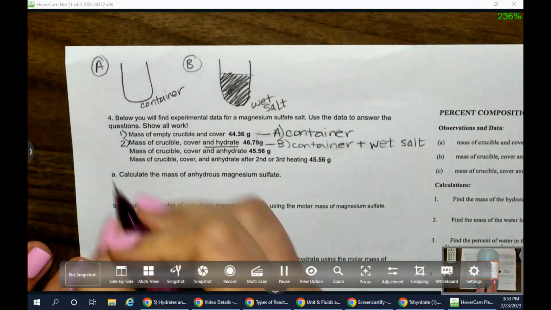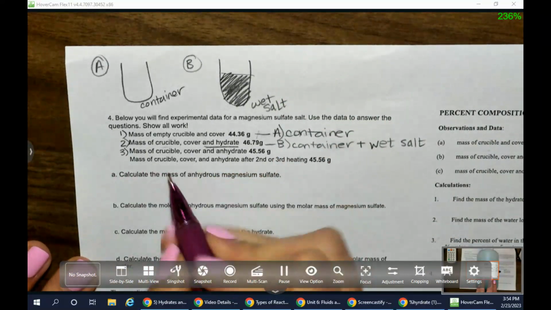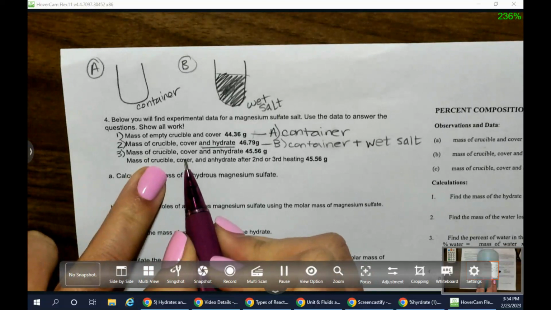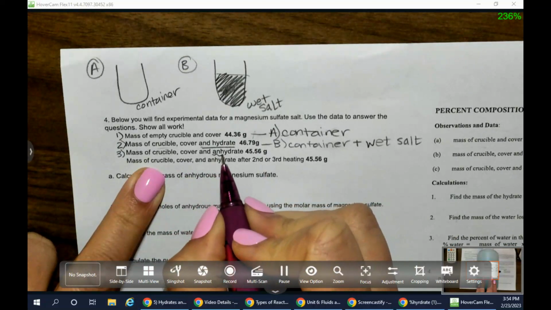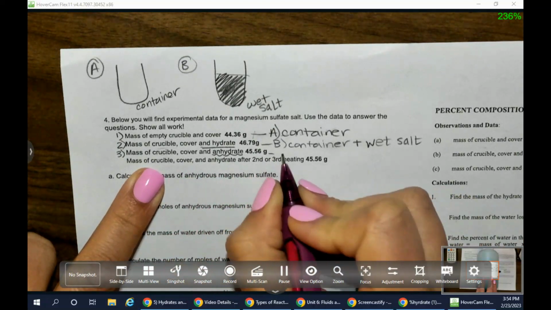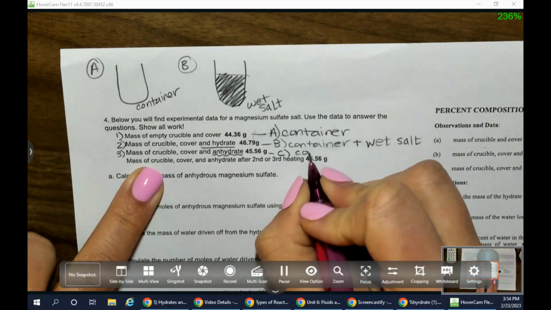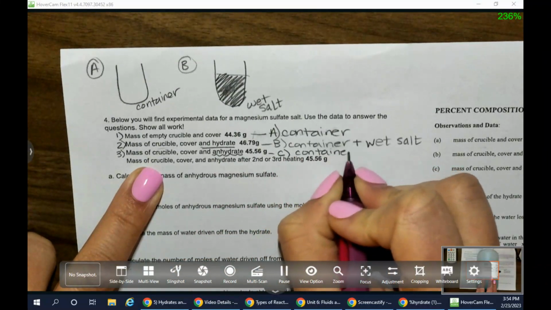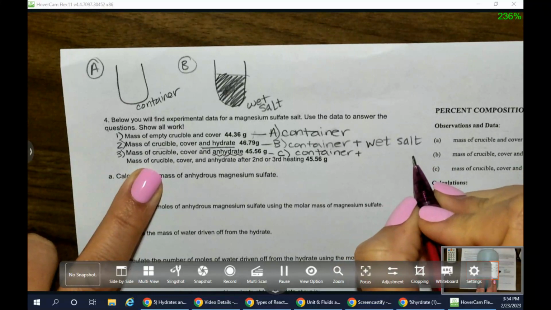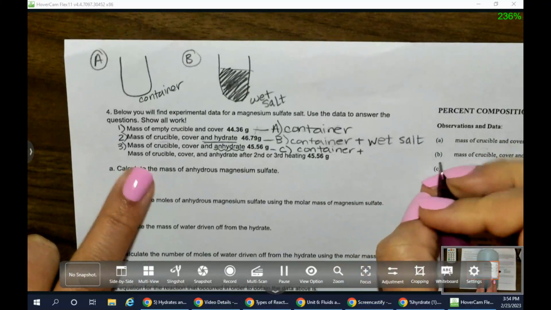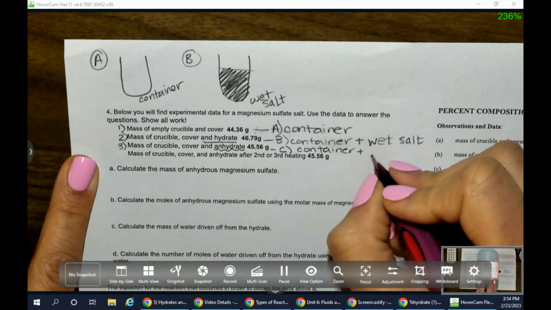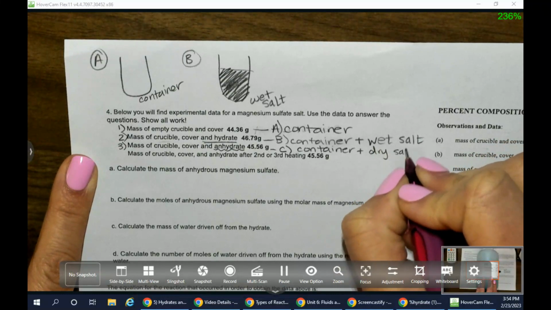Then the third thing we measure is the mass of the crucible cover, so the container, and the anhydrate. So container plus, what are we going to put? Yep. So the informal to help us out is dry salt. Good.